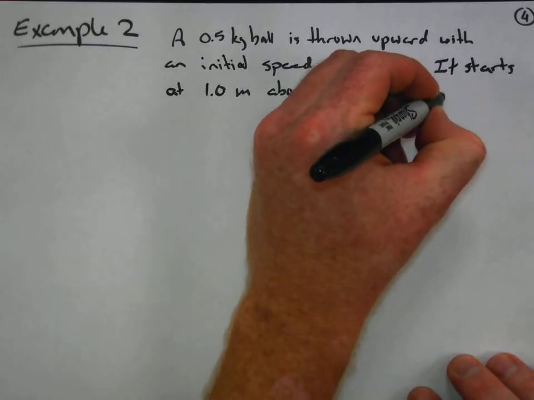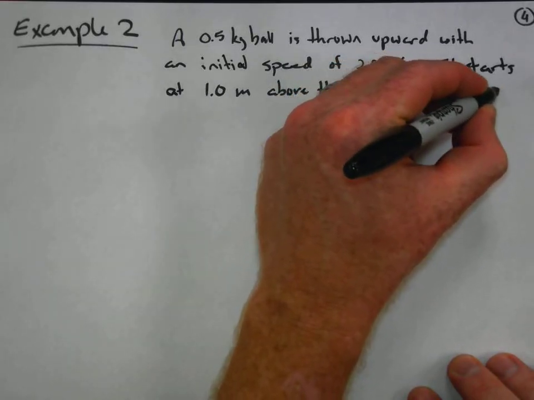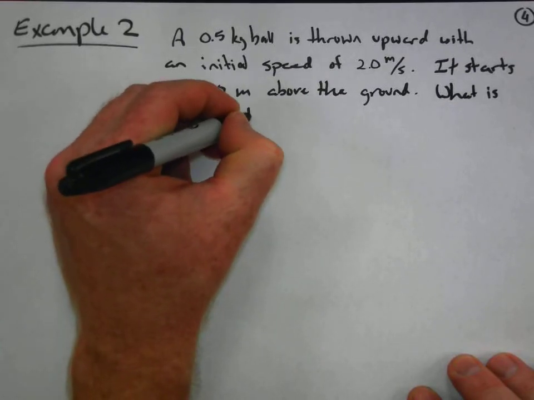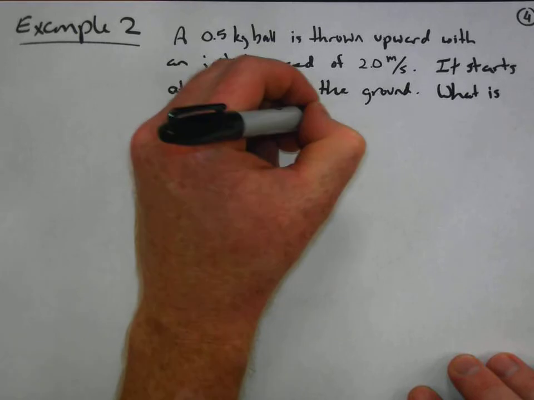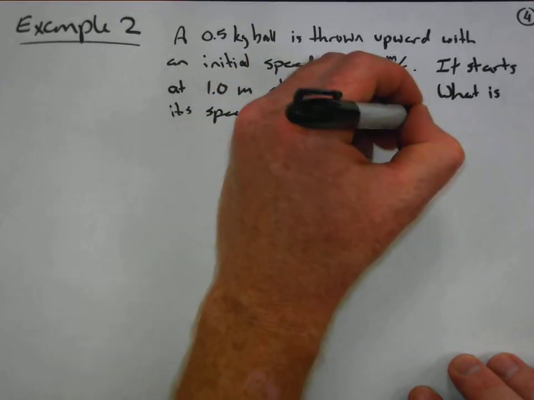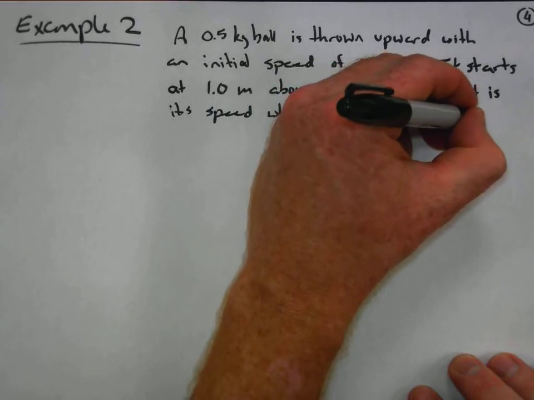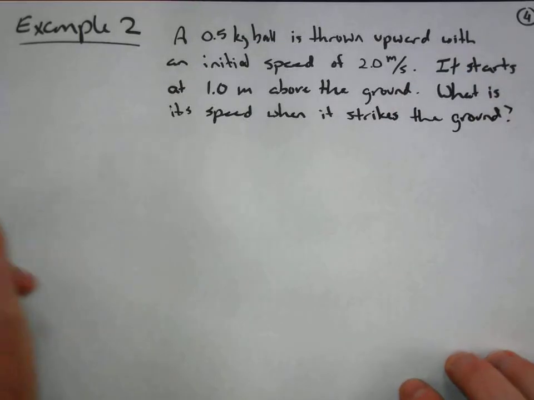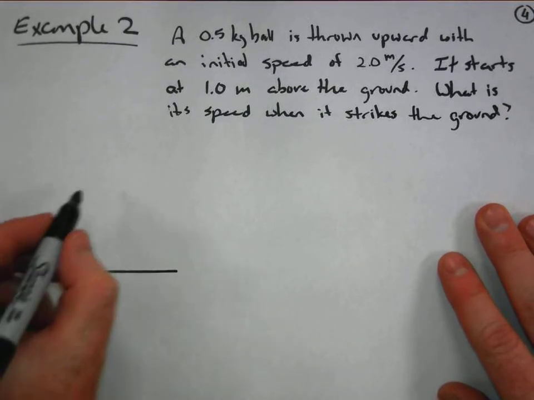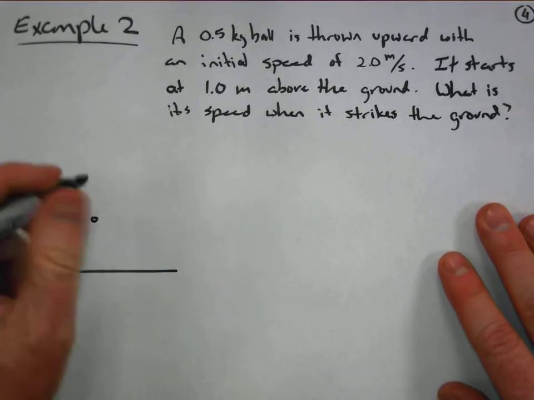So what is its speed when it strikes the ground? There's the question. Okay, well, let's check this out. We have the ground, and we have a ball. It's going to start at 1 meter above the ground.